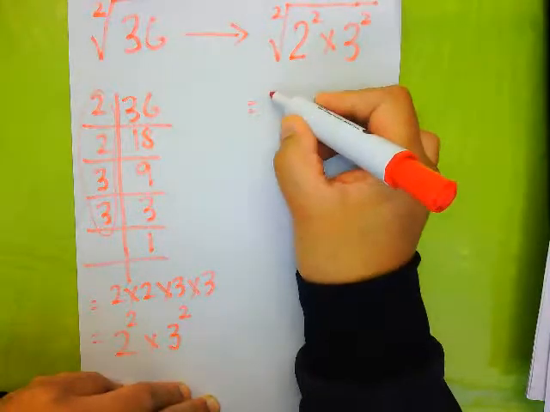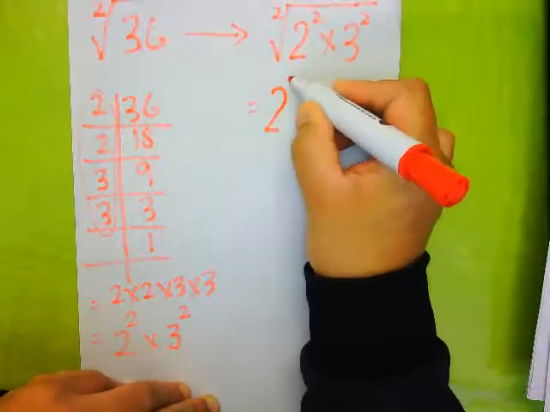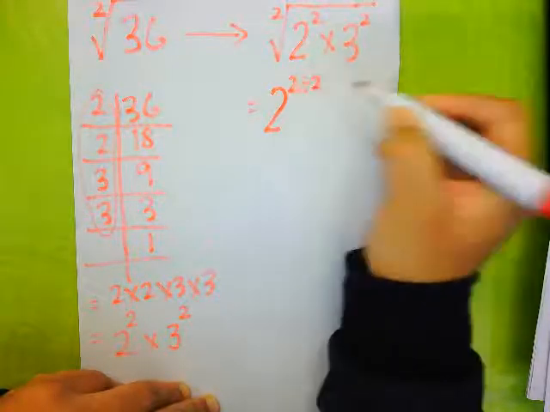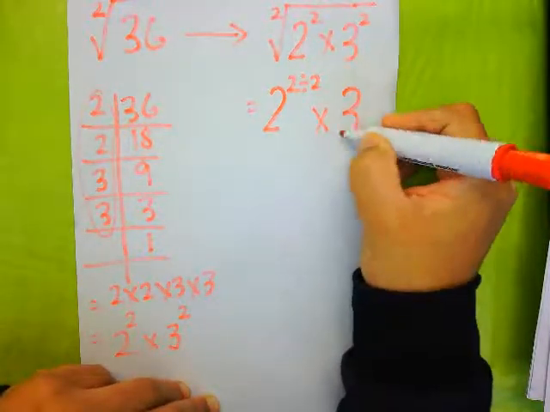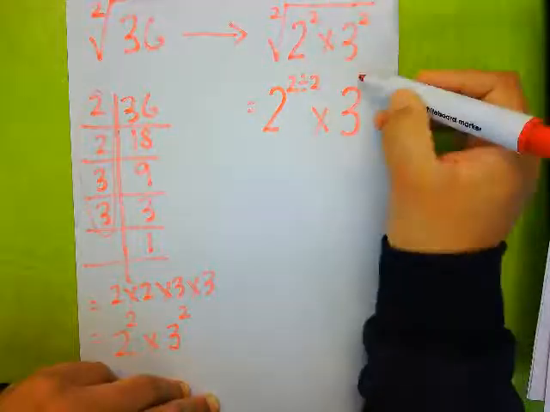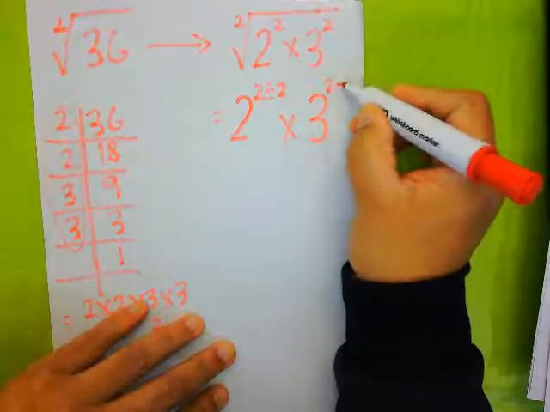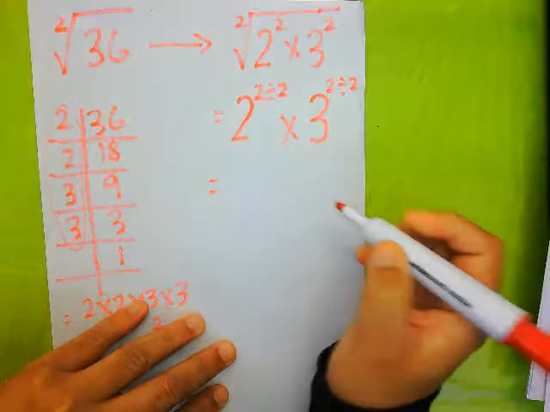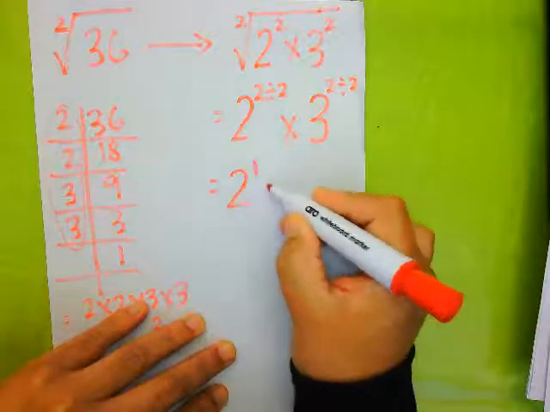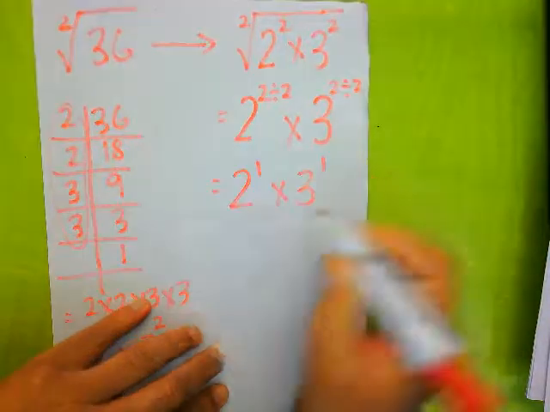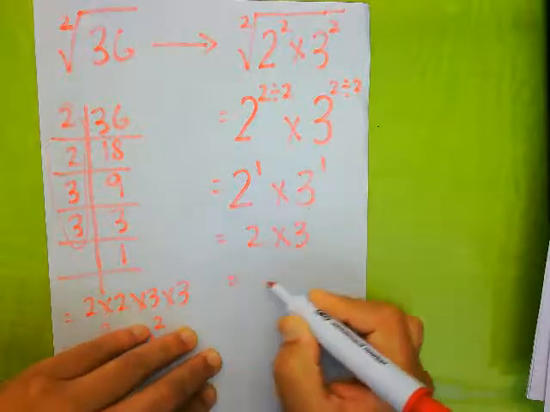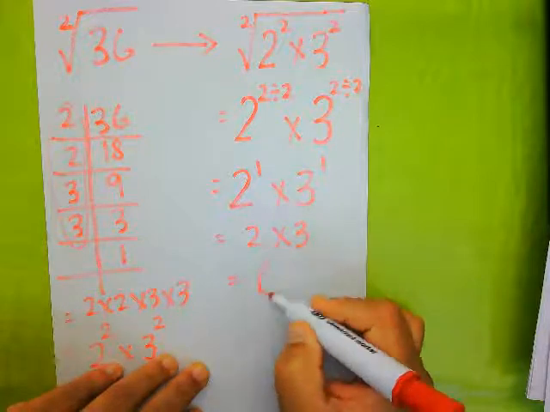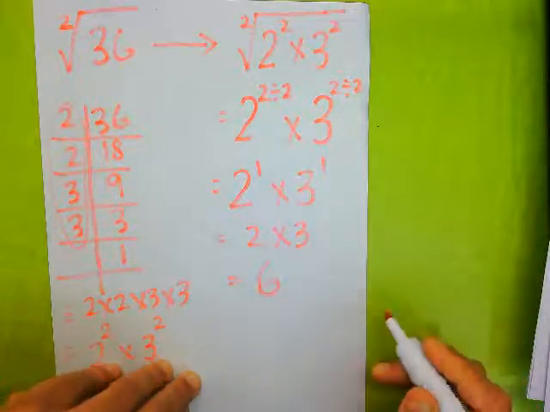So to get rid of the root, I've got now 2, and I take that and I divide, times 3, keep the base, 2 divided by 2. That will give me 2 to the power 1 times 3 to the power 1. That will be 2 times 3, and the square root of 36 will then be equal to 6.